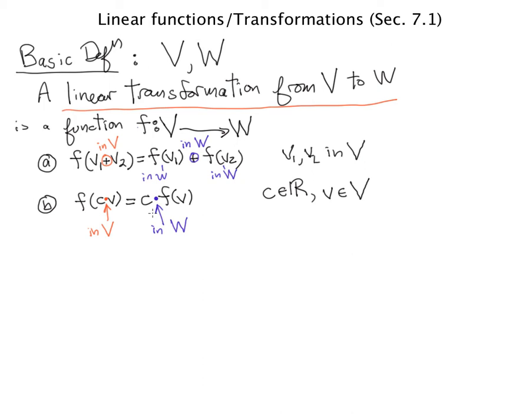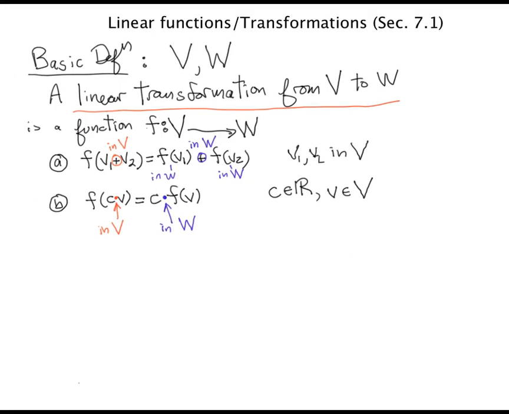A vector space is a set with two operations on it, addition and scalar multiplication. And a linear transformation from one vector space to another is one which has this very simple behavior with respect to those operations. All right, well, let's just illustrate this with a bunch of examples.